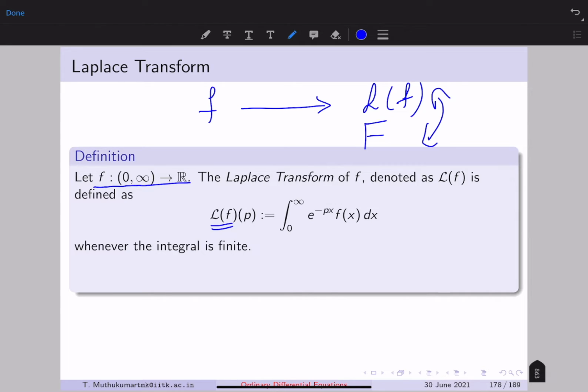So the script L f will denote the Laplace transform, or sometimes if you capitalize the alphabet, then that is the Laplace transform. Anyway, that will be clear from the context. The Laplace transform of the function f is defined as this integral.